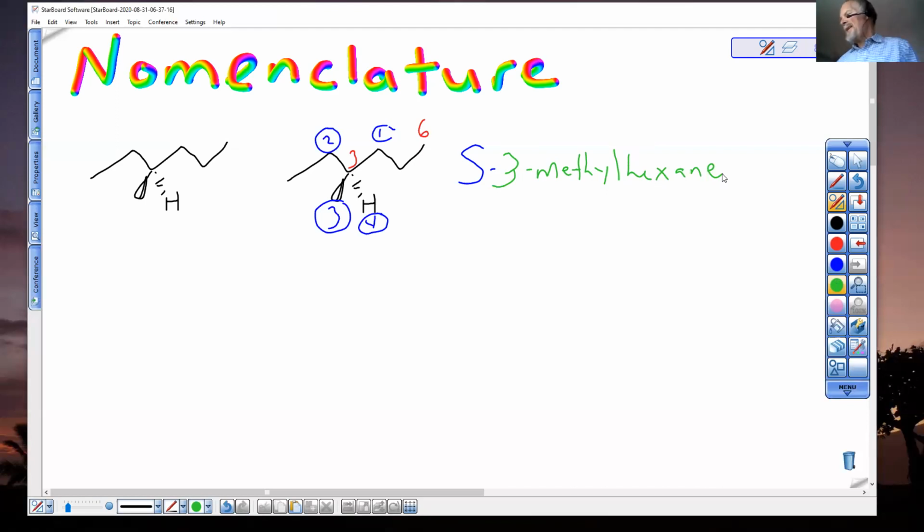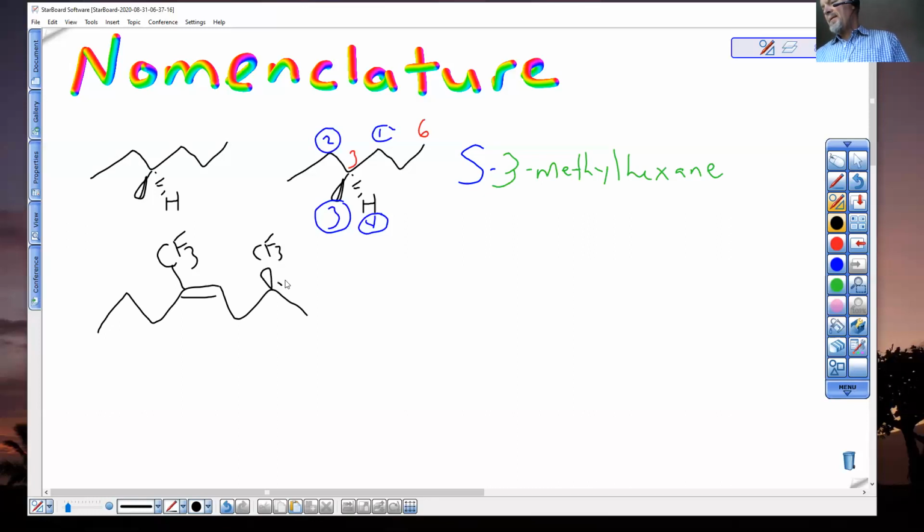Then we got into alkenes. And why not have a stereo center on there as well? So we get that.